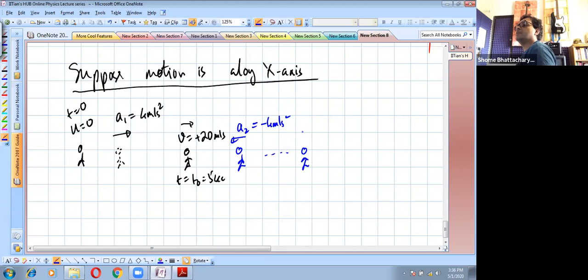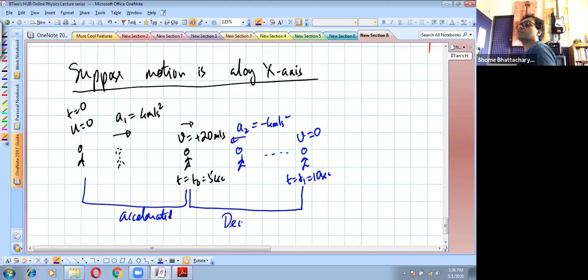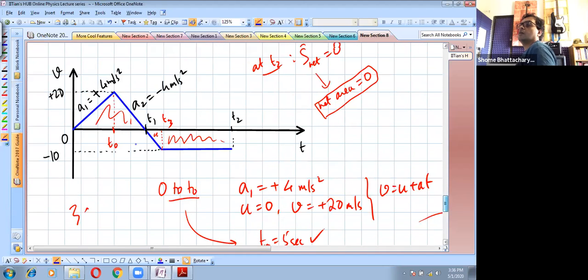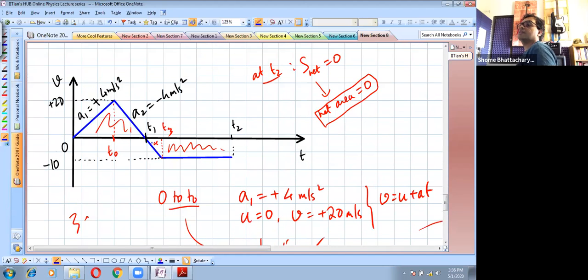At the time T1, which we just saw is 10 seconds, momentarily velocity becomes 0. So from here to here, the motion is accelerated motion, and then from here to here, the motion is decelerated motion. That is covering this part of the graph.